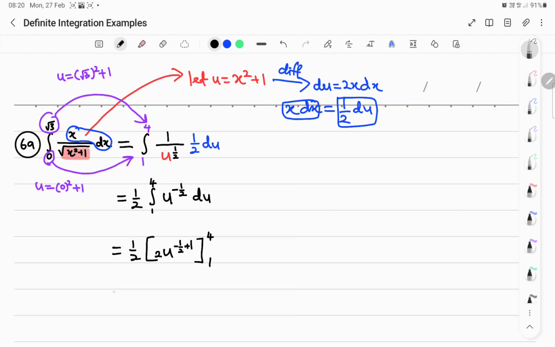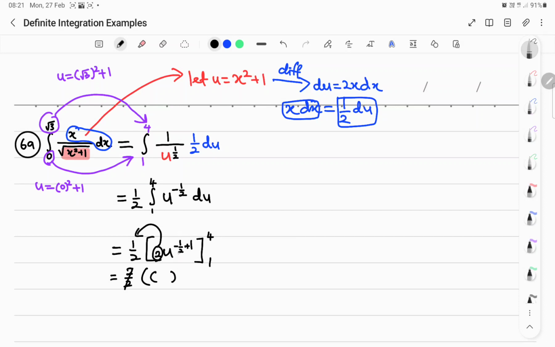Now we substitute. Oh yes, this constant 2 can go outside. So we have 2 over 2, which is 1. We can cancel them out to become 1. Then we replace everything here, whatever u you have here, with an empty bracket.